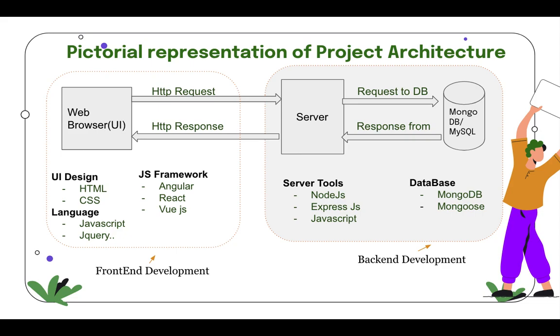But when JavaScript got popular and Node.js came into existence, a person understanding only JavaScript can do front end plus back end work. That means you can create the entire application by yourself if you have an understanding of JavaScript.